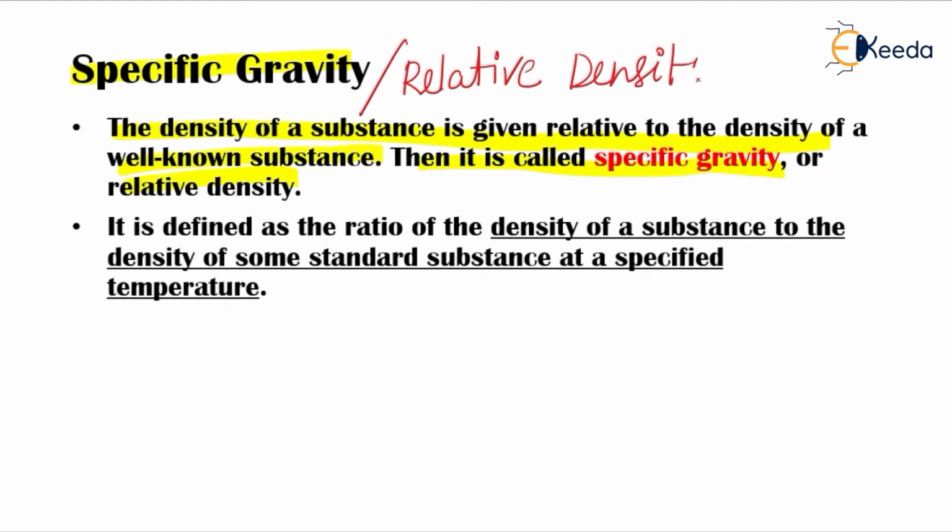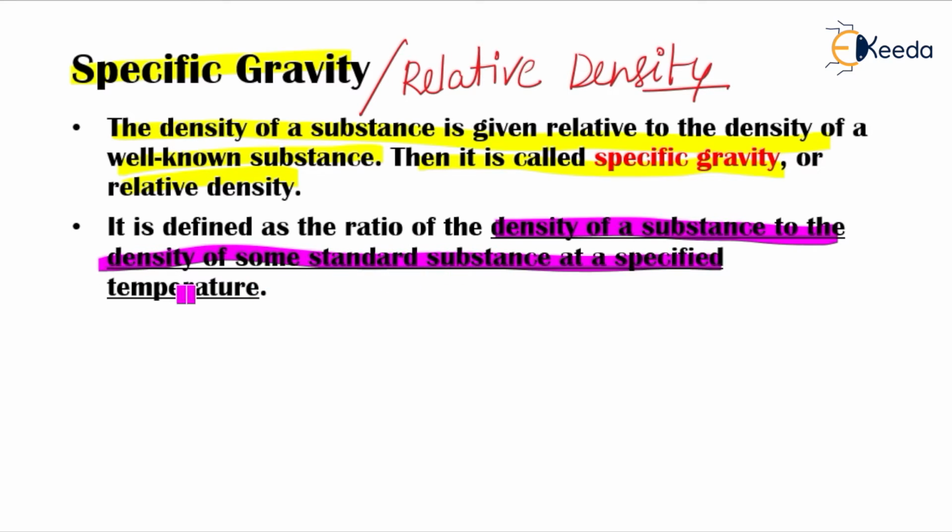It is also defined as the ratio of density of a substance to the density of some standard substance at a specified temperature. So we are talking about standard temperature pressure kind of conditions, and it is the ratio of density of a substance to the density of some other substance, which we will try to understand now for liquids.